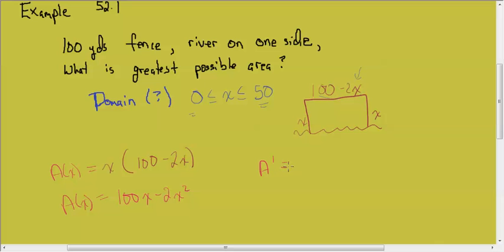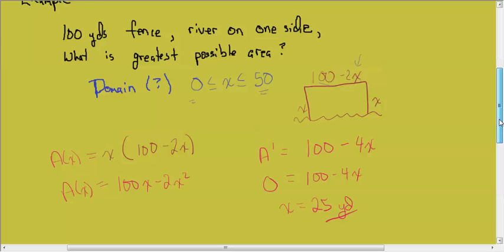So A prime would be 100 minus 4x. And when does that equal 0? So this equals 0 when 100 is 4x, or x is 25. I guess I'm in yards. Yeah, 25 yards. All right, that's my critical number.